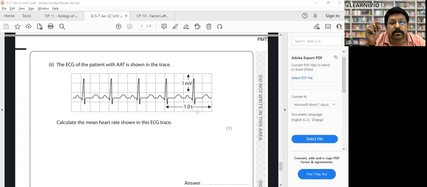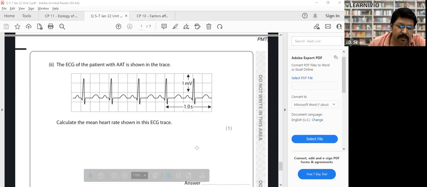60 by 3, right? Yes. So 60 by 3. There will be 20. The answer will be 20. Then 20 into 5. Look, there are 5 heartbeats in 3 seconds.